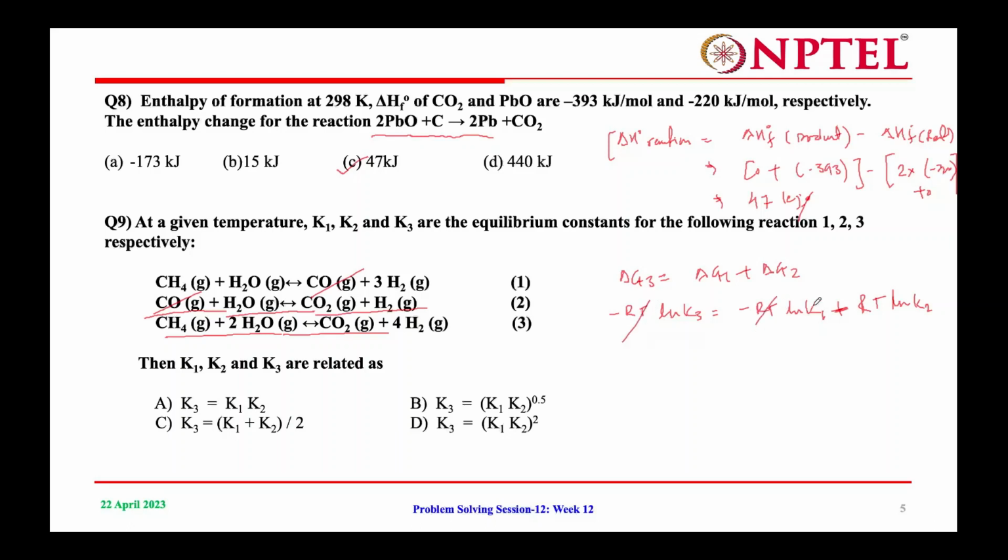The minus RT cancels. So ln K3 equals ln K1 plus ln K2, that is ln K3 equals ln K1 times K2. So K3 is equal to K1 into K2. Check the options. So A is the right answer. All of you got it clear?